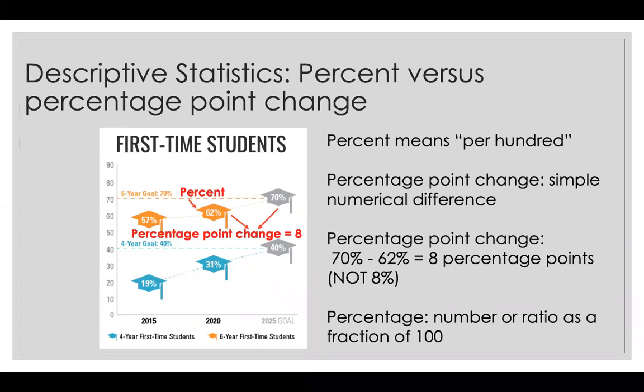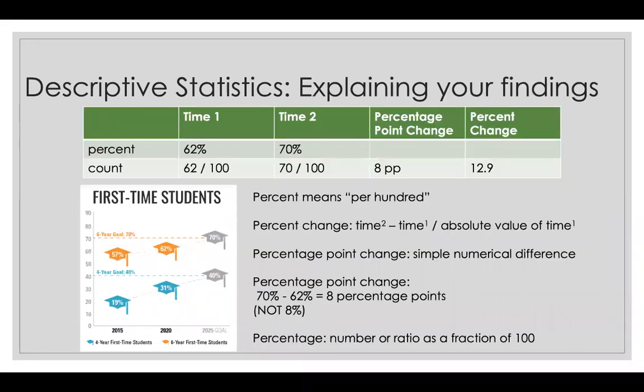And you can think of percentage as a number or ratio of a fraction of 100. So again, percent means per 100, and the percent change is a different formula. It's usually conducted over time.